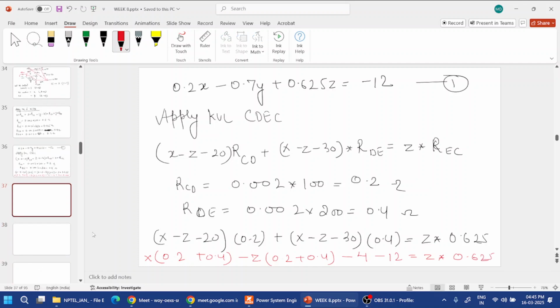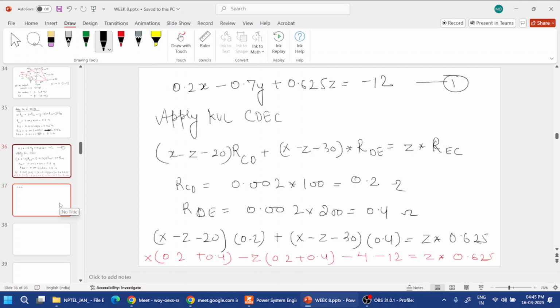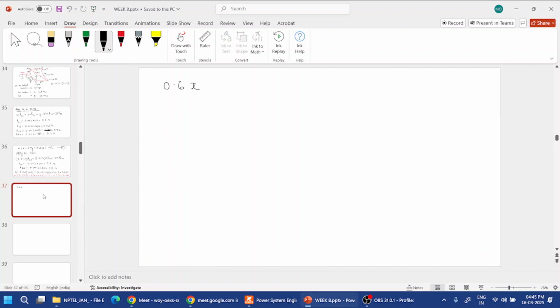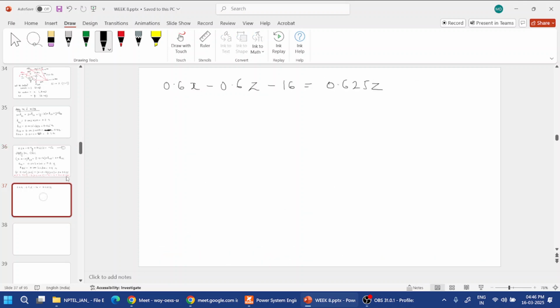So the X term will be 0.6x and the Z term will be minus 0.6z. Minus 16 is equal to 0.625z. I hope until now you are quite clear. If we rearrange this, 0.6x minus 1.225z is equal to 16. So this is the second equation.